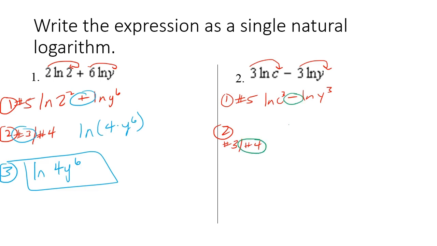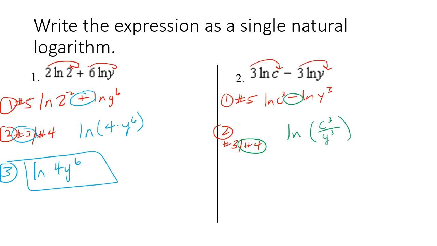So that gives me the natural log of c to the 3rd divided, I did not mean to write a division. Natural log of c to the 3rd divided by y to the 3rd.